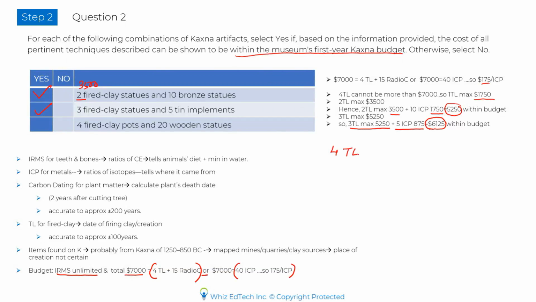I don't know exactly how much 1 TL costs, but 4 TL maximum can cost 7,000, and it could be less than that also. So I don't exactly know that after these 4 TL tests whether I will be able to incorporate radiocarbon dating or not. A short way of doing it is that I already know that after 4 TL tests I can only do 15 radiocarbon. So this is definitely not going to work. Therefore this is no.